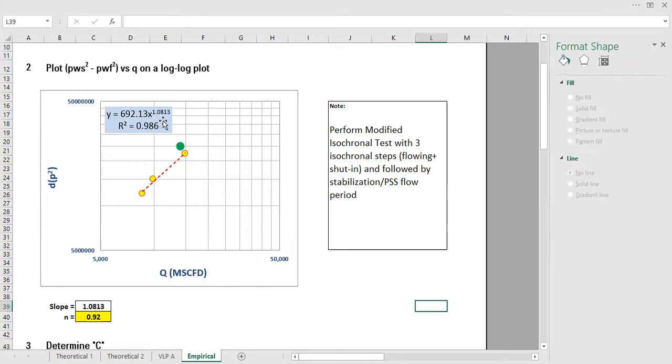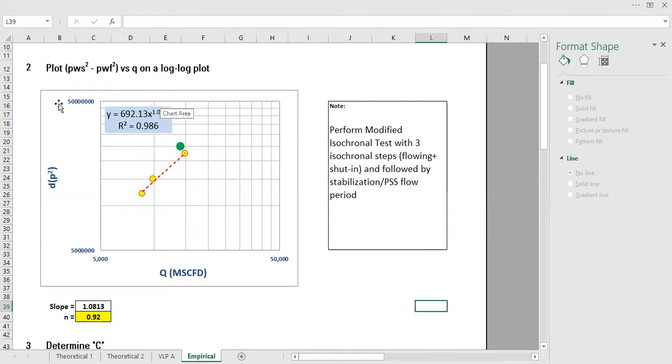Okay, so you get the power there. And the form of our equation is something multiplied by x powered by 1.0813. All right, and you can change this into linear equation.